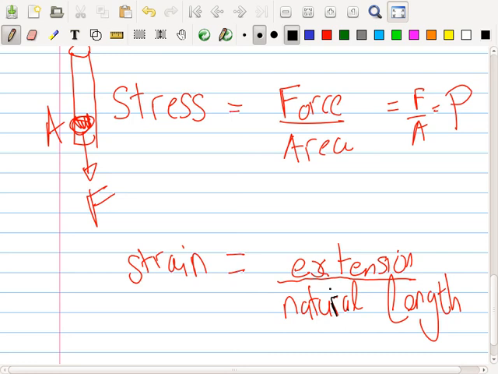But try to explain extension without using the word extend. The length difference. Yes, extension is the difference between the current length and the natural length.